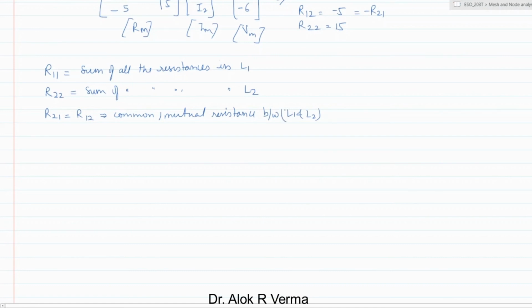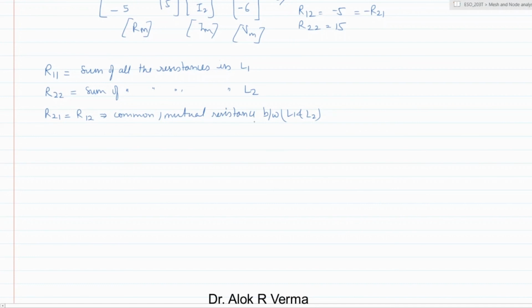So this is the sum of all the mutual resistances shared between loop or mesh 1 and mesh 2. So this is how we write the generalized matrix form of all the equations.